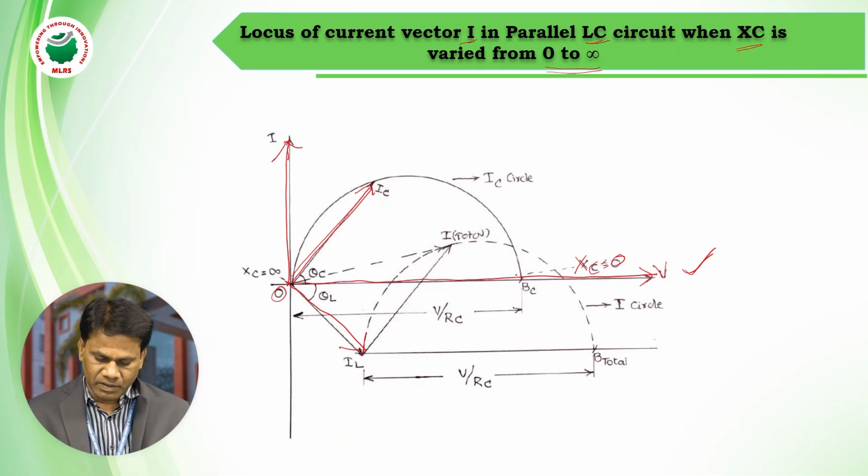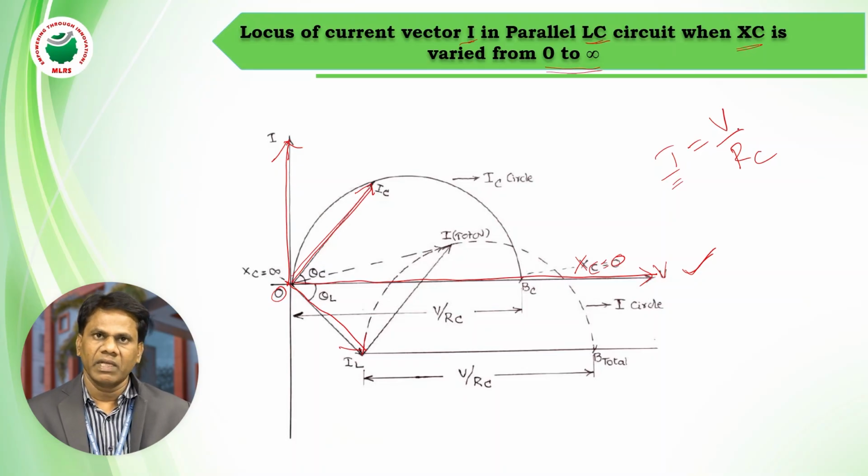When XC is equal to 0, the current is maximum, given by V by RC, voltage by resistance. The maximum current is V by RC, and that lies along the voltage vector at point B and C.